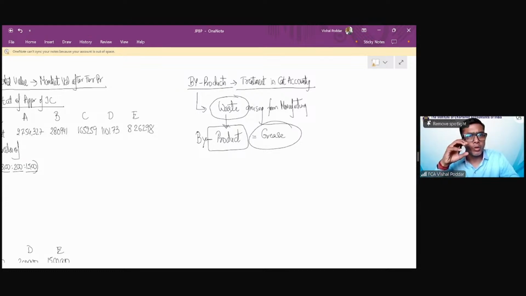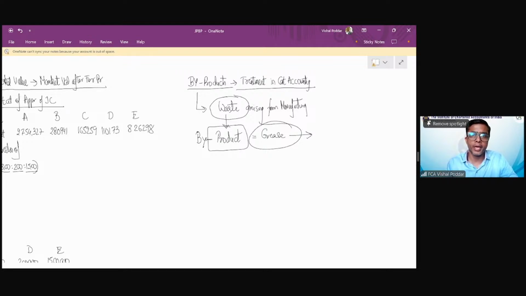But when you are removing this greasy part to make it finer, to refine it further, to get the finest version, this greasy part which is coming out is a waste for you in that process. But interestingly, this waste is saleable in the market as a product. Why as a product? Because many businesses, many industries require this for their further use.